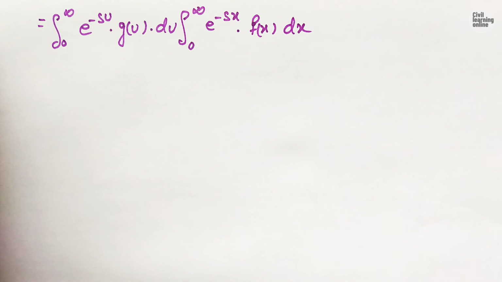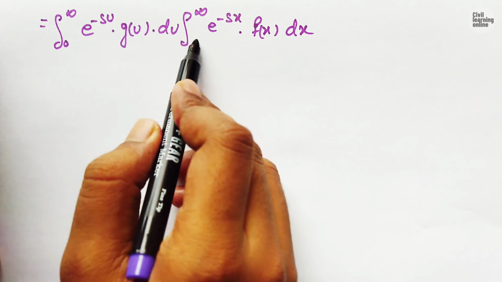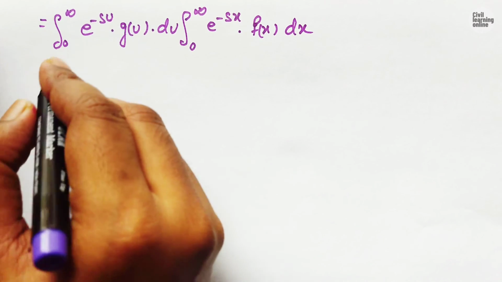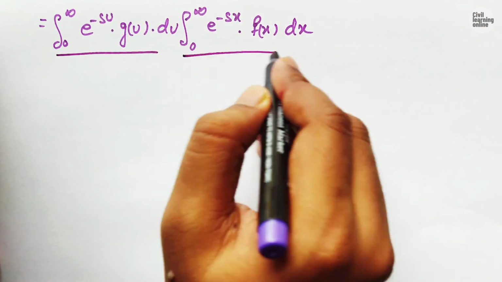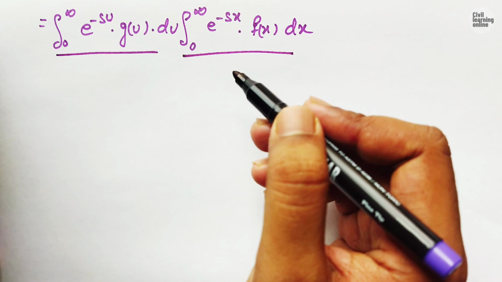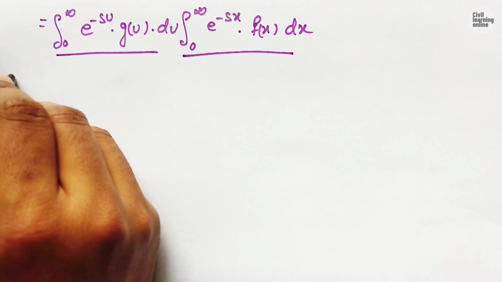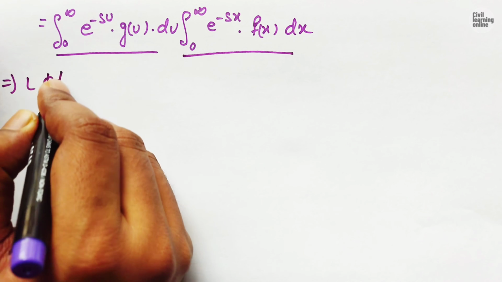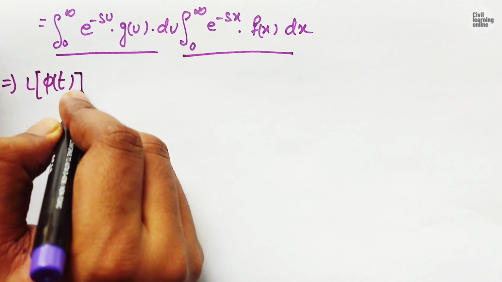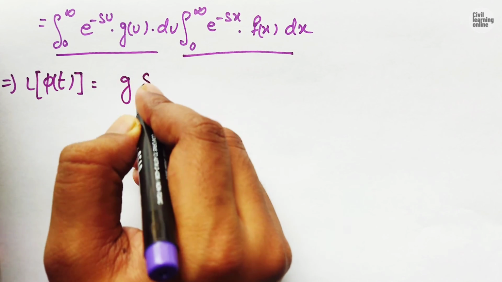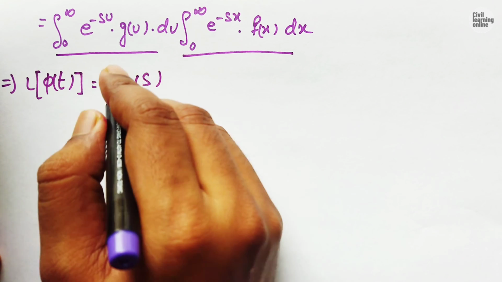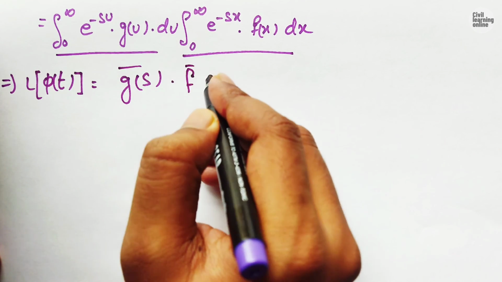If we look at these two expressions, we can see that they are the definition of Laplace transformation, so Laplace transformation of phi t equals g s times f s.